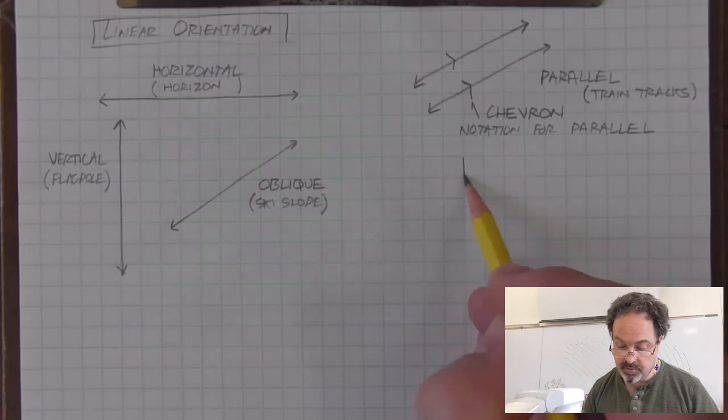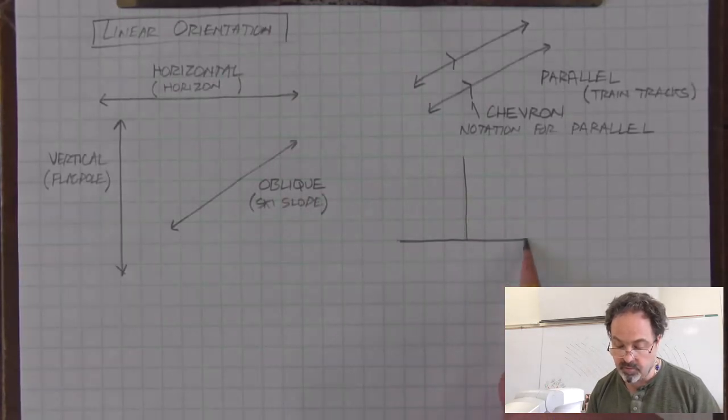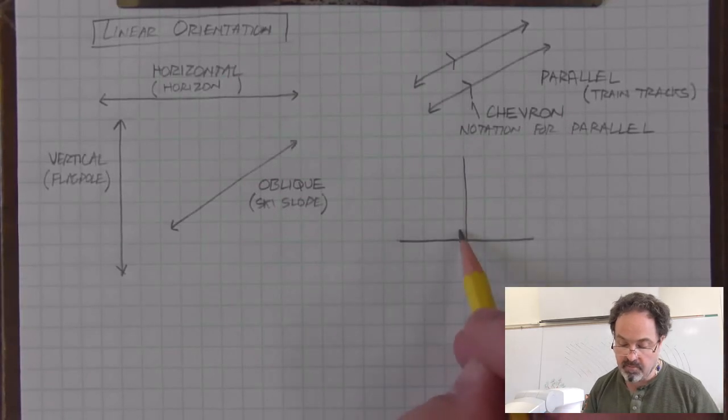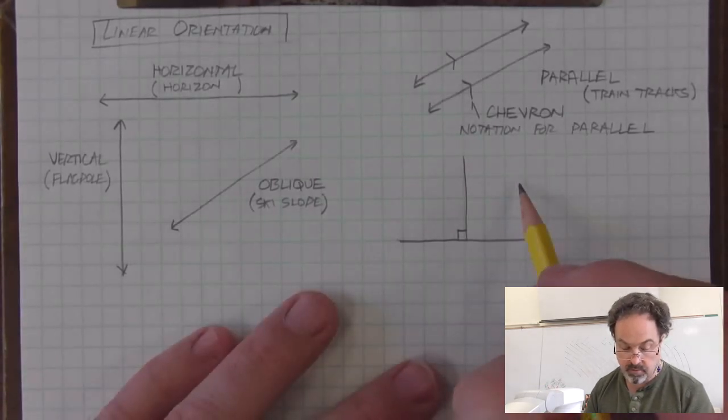Another orientation that lines can share with respect to each other is that they may meet at a right angle. And when they do, we say that the two lines are perpendicular.